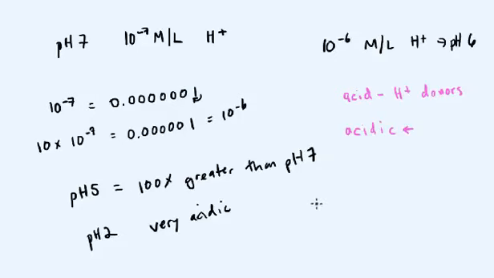You could say, well, how do we make a pH 5 solution starting with pure water? Well, you could take pure water and add an acid to it. The acid will release hydrogen ion, and then you would end up with a much higher concentration of hydrogen ion and a much lower pH. A good example of an acid would be HCl, hydrochloric acid. And what happens is that this acid is going to be dissolved in water, and when we dissolve it in water, the hydrogen ion dissociates from an otherwise stable chloride ion.